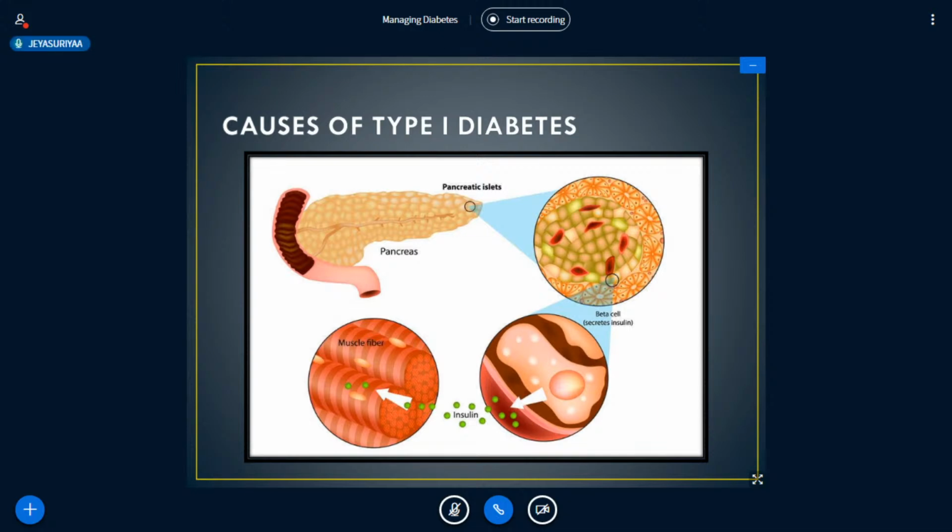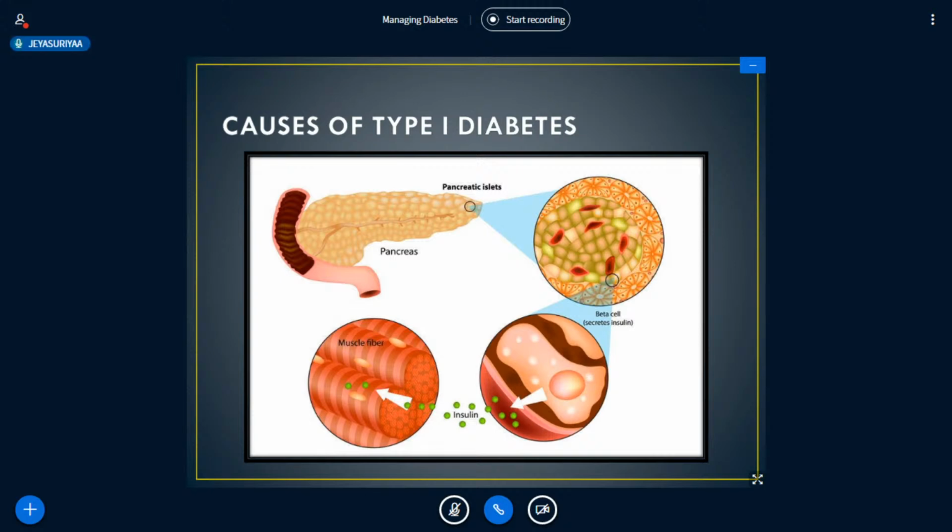First of all, what is type 1 diabetes? Type 1 diabetes starts early in life, as I mentioned earlier, and results from the total lack or decreased production of insulin from the beta cells of the pancreas. Beta cells are the cells present in the pancreas that secrete insulin.